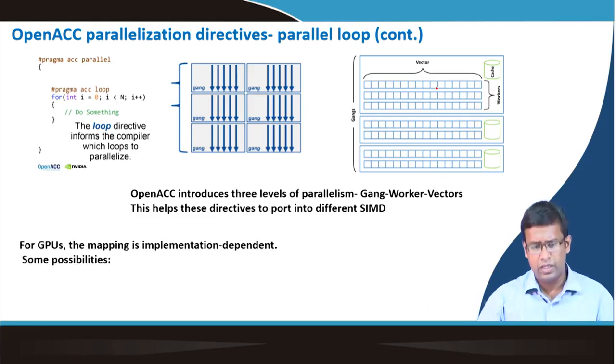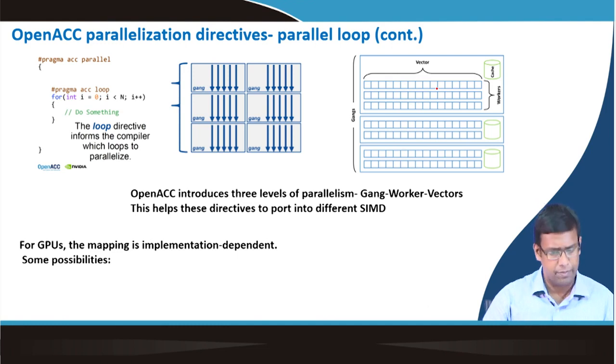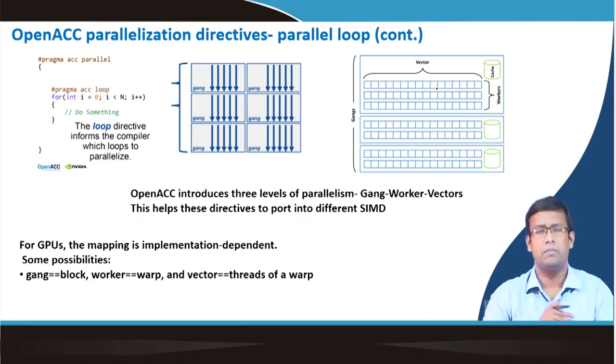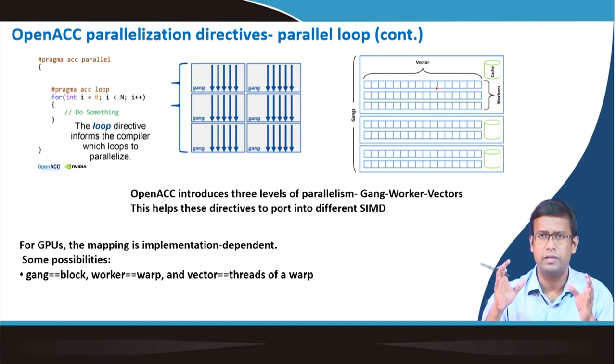For GPUs, the mapping is implementation dependent. In some cases a gang is the block. If it is going to multiple GPUs, there may be multiple gangs. If it is going to multiple streaming multiprocessors, each streaming multiprocessor gets a gang, and the worker is the warp inside the gang which is operated at once.